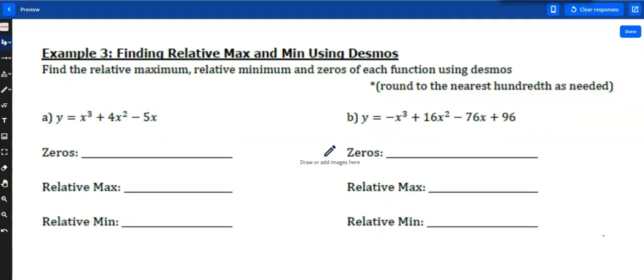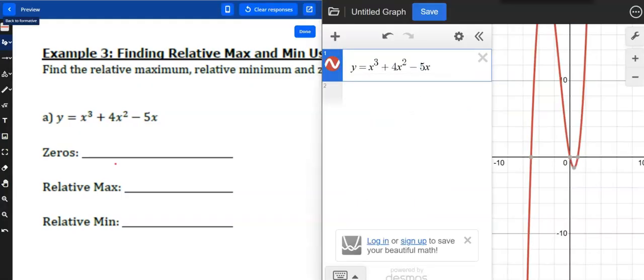Finding relative max and mins using Desmos. Okay, so you've been given an equation, so I'm going to switch over and split my screen here in a second. All right, so I typed it in, but I don't have the greatest of pictures.